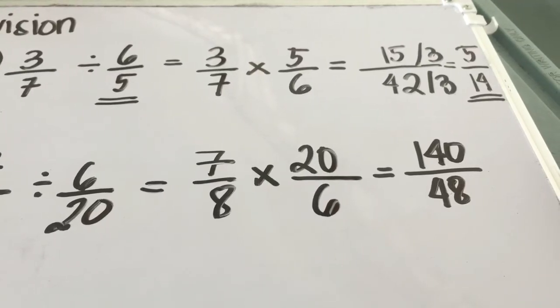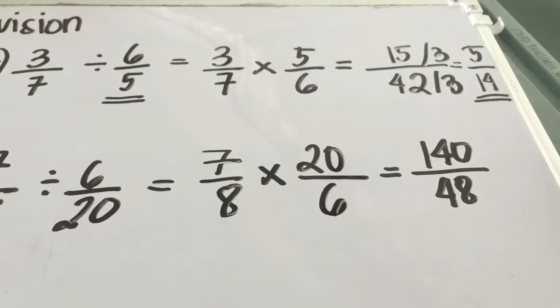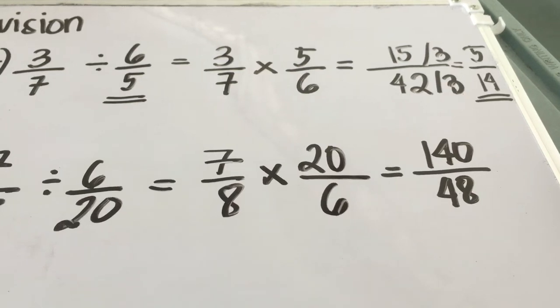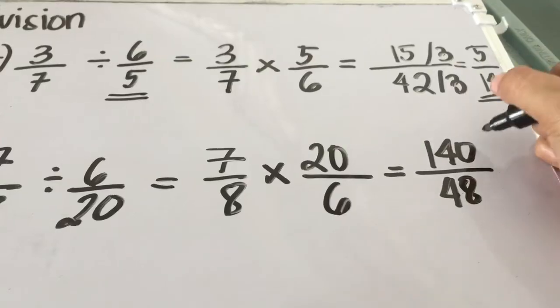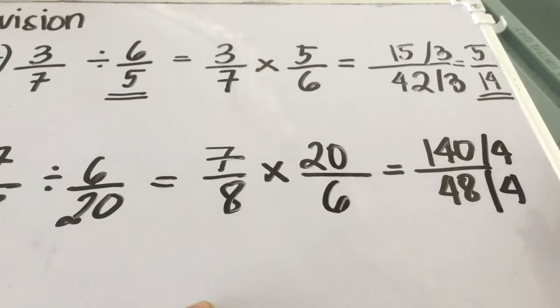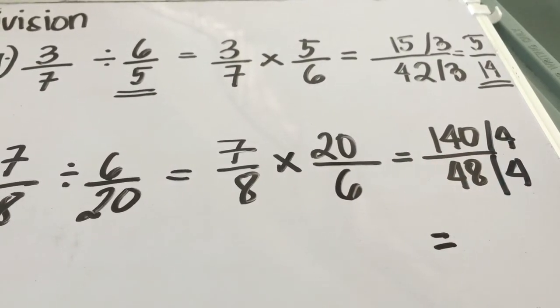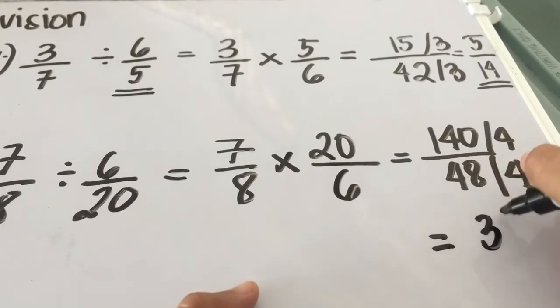Ano ba ang kanyang possible na greatest na madidivide natin sa kanya to convert it into lowest term? Try natin ang 4. So we have divided by 4, divided by 4. So 140 divided by 4, 35.